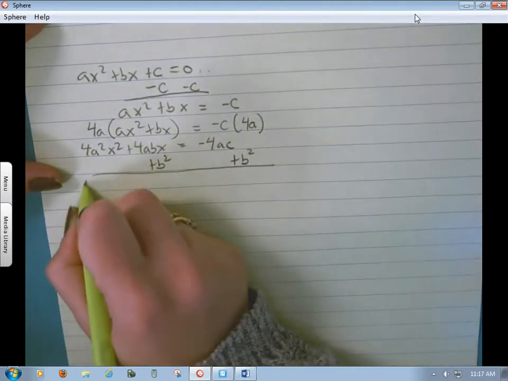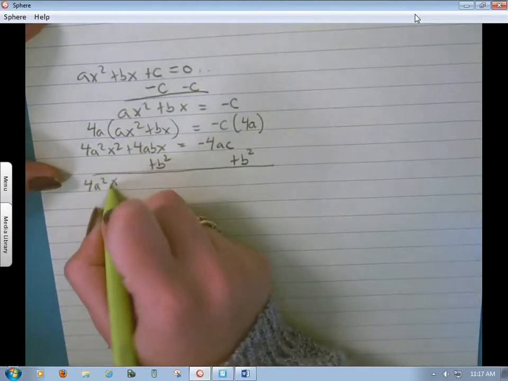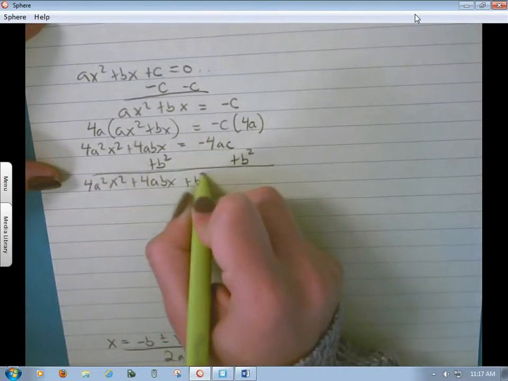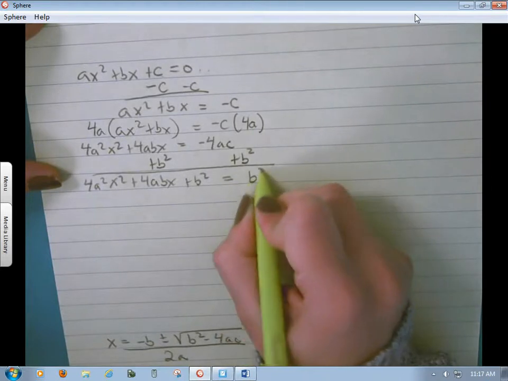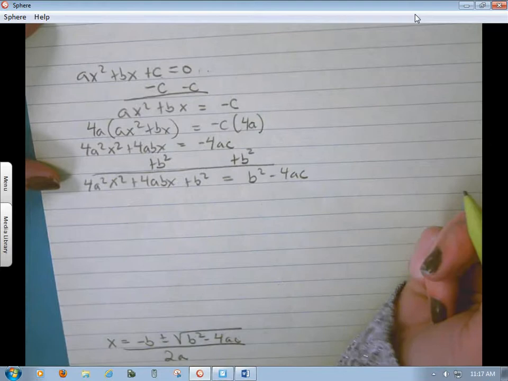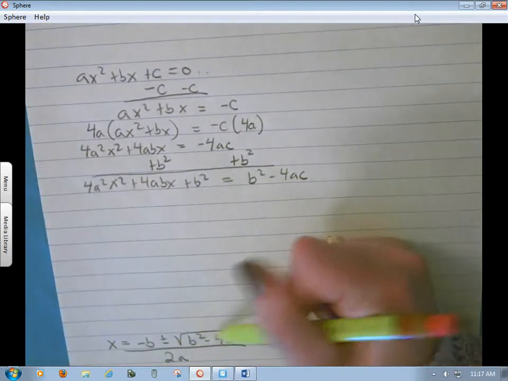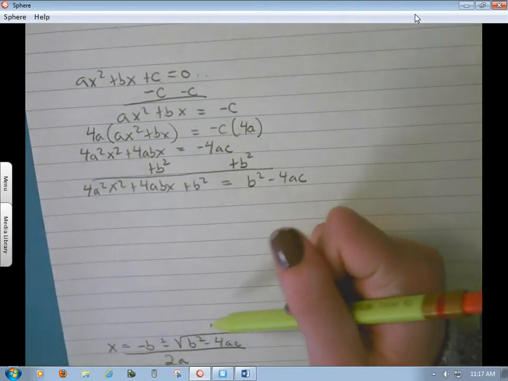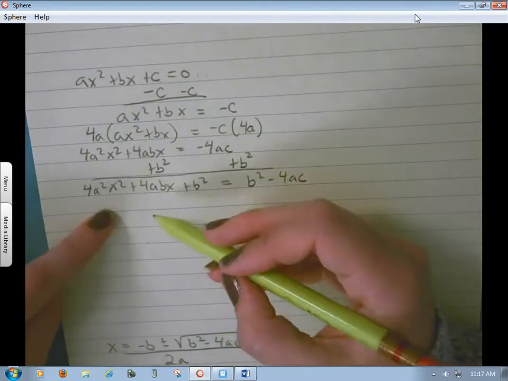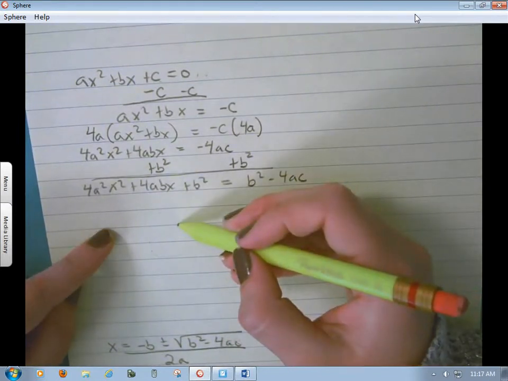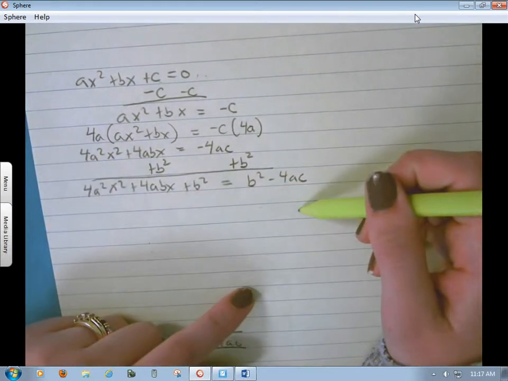So now I have 4a squared x squared plus 4abx plus b squared equals b squared minus 4ac. Okay, well now I know I need to get this square root. So I don't want to square root each side. I want to get a square on the left so that I can get rid of the square by doing a square root, which will produce my square root on the right.